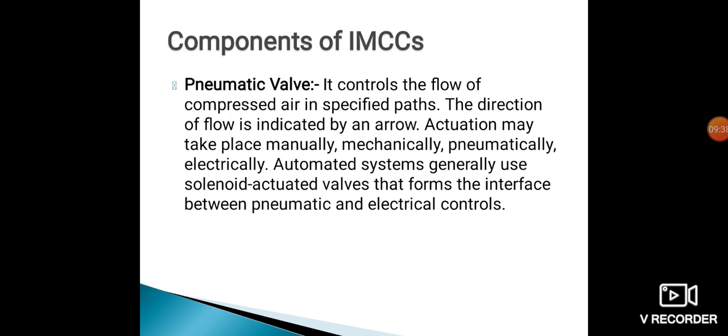Automated systems generally use solenoid actuated valves that form the interface between pneumatic and electrical controls. The main function of an electrically actuated directional control valve includes connecting or shutting off the compressed air supply, or retracting and advancing the cylinder drives.